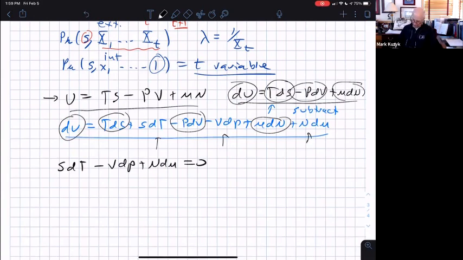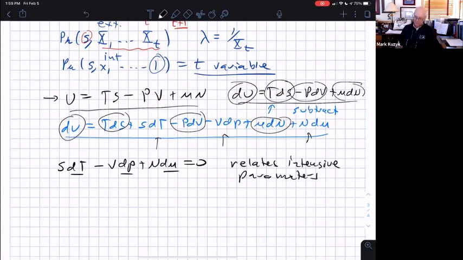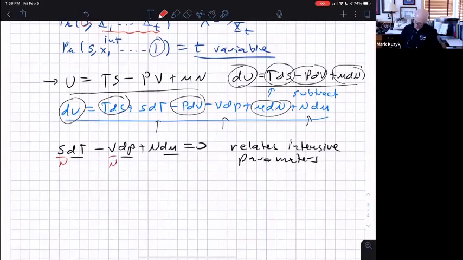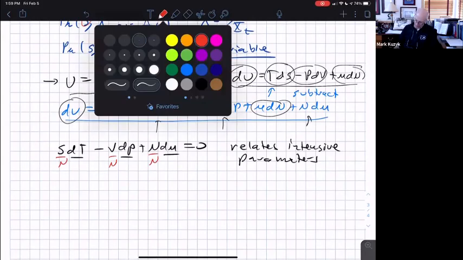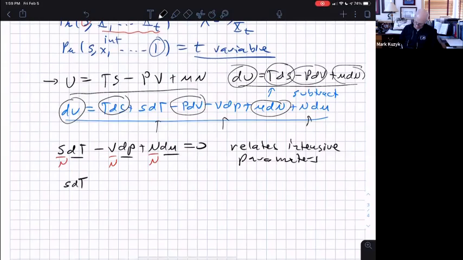So this is a relationship between the intensive parameters, which is kind of interesting. And if I divide everything by N, then everything will be intensive: little s dT minus little v dp plus d mu equals 0. So all is intensive.